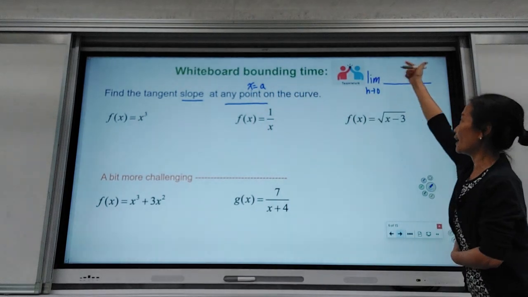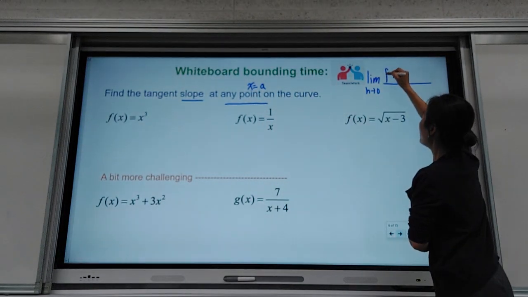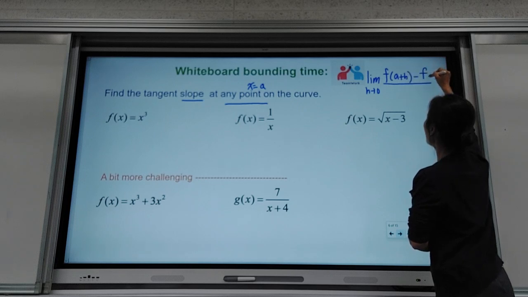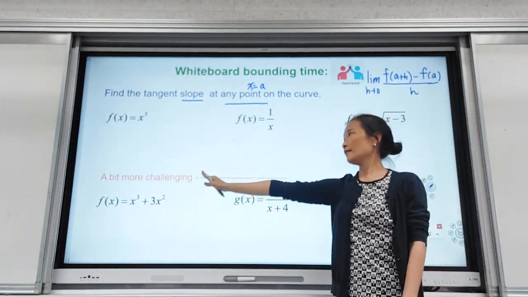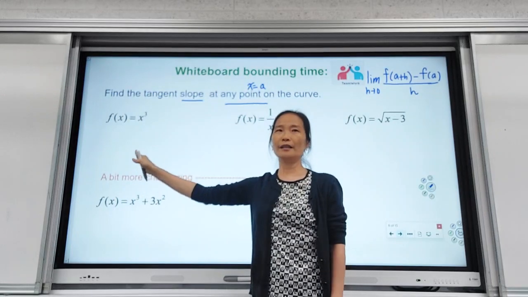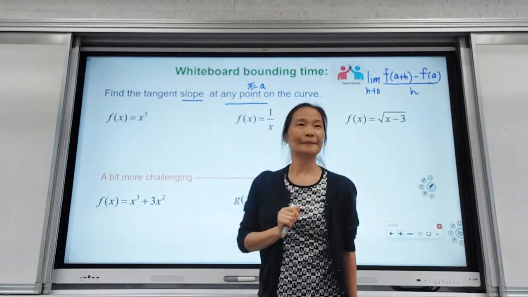Okay, let's pretend that's a. So it's f of a plus h minus f of a, divided by h. In other words, when you find it, you're going to have an expression in terms of a.